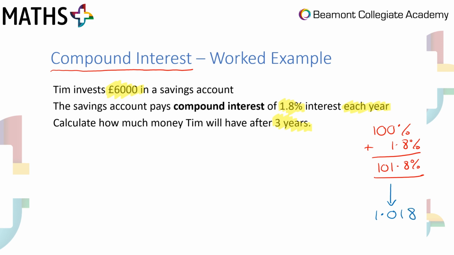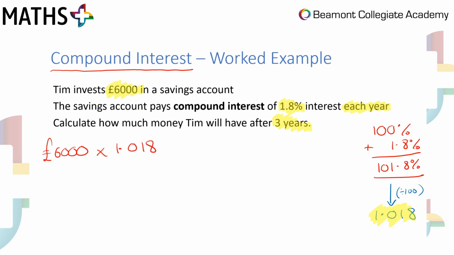Again, if you can't remember how to turn a percentage into a decimal, we divide by 100. So this is my decimal multiplier. So Tim starts with £6,000 and the bank are giving an extra 1.8%, so we can multiply that by 1.018.